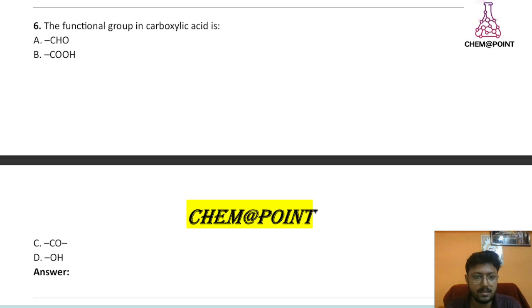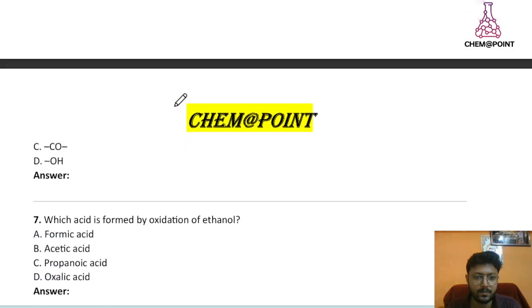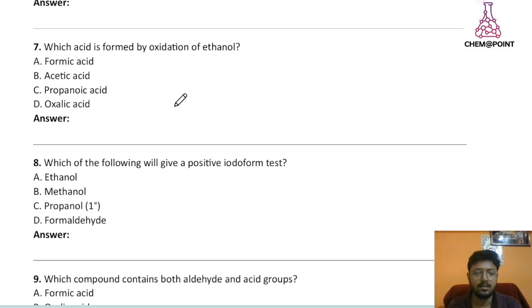Then question number 6. The functional group in carboxylic acid. The functional group in carboxylic acid is what? COOH. Question number 7. Which acid is formed by oxidation of ethanol?